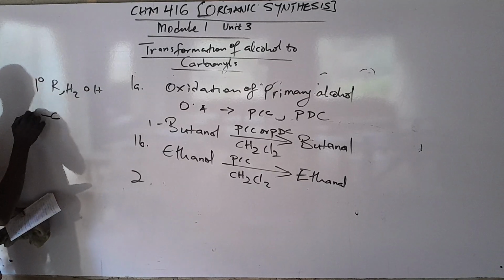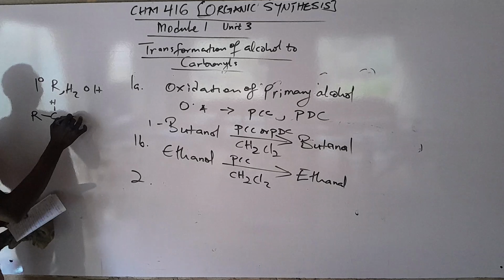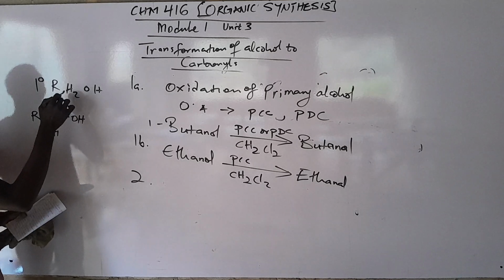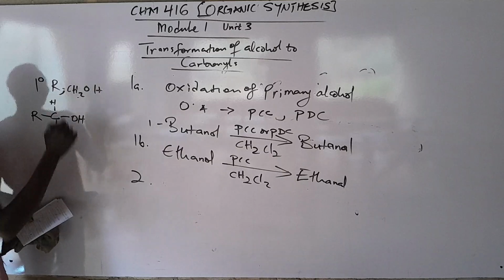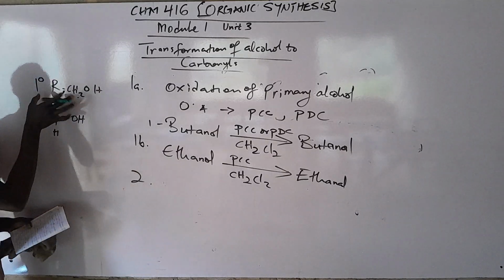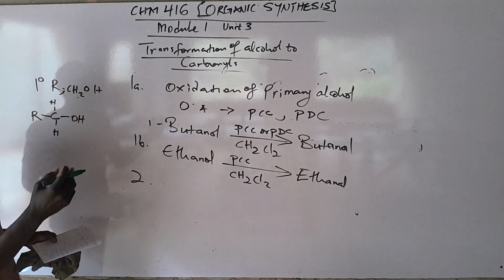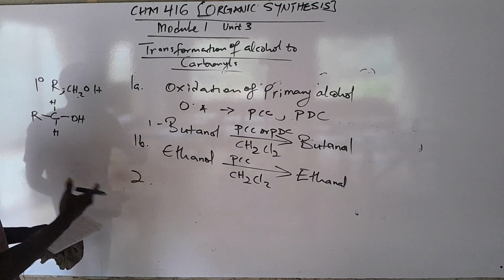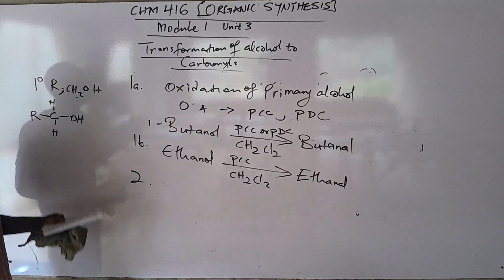Take for example, we have R, we have H here, we have the OH in this place, alongside CH2. This is how the primary alkanol looks. Since it is oxidation, what we want to replace is the hydrogen that is present there.